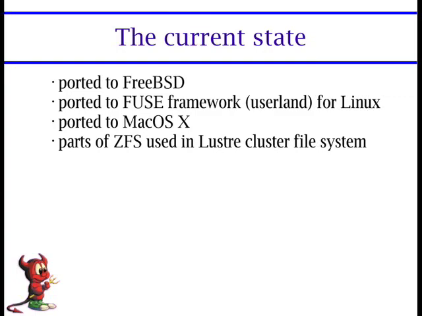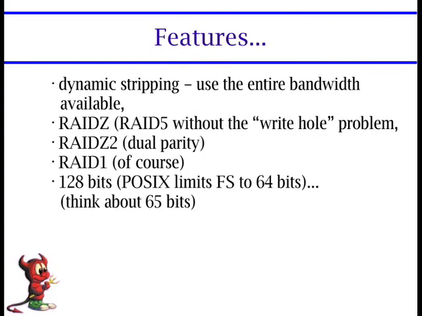Okay. I will enumerate some features of ZFS. So it has something called dynamic striping. You just add a disk to ZFS and it balances the load using all the disks and all the bandwidth.